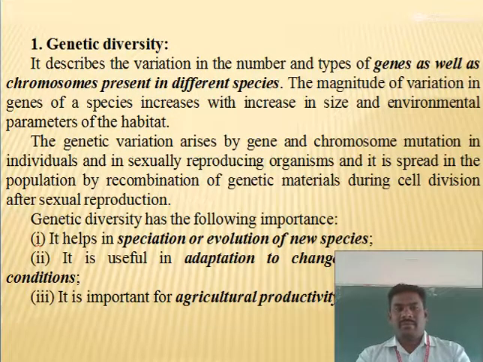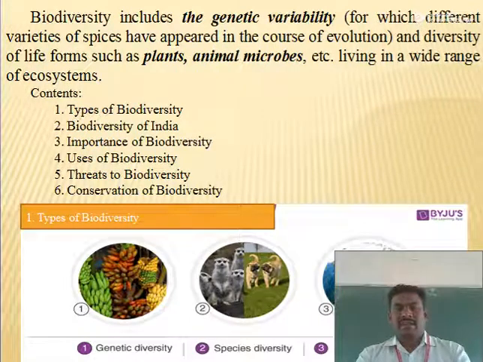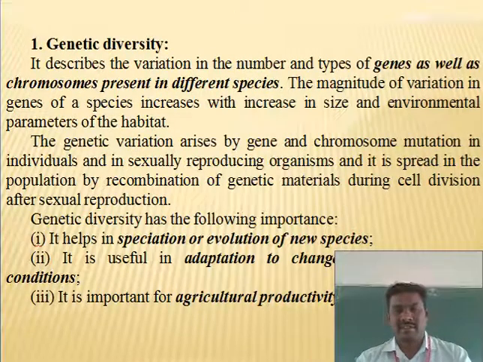The first one is types of biodiversity. The types of biodiversity are three types. First one is genetic diversity, second one is species diversity, third one is ecological diversity. The first one is genetic diversity.